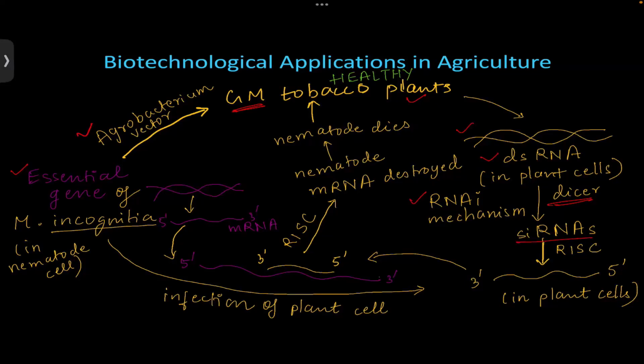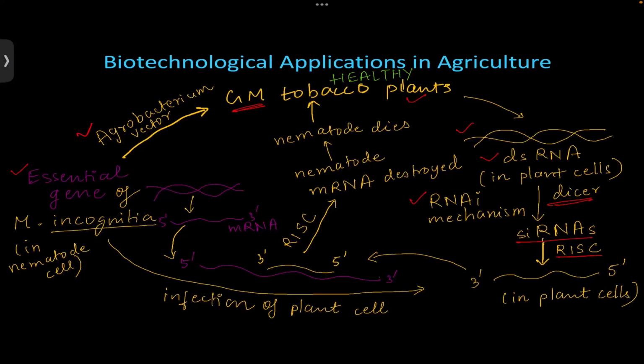Now, each of the siRNAs will then be unwound and separated by the enzyme of the RISC complex, RISC or RNA-induced silencing complex. Because of which, ultimately, you will have only the antisense strand available inside the plant cell, because the sense strand will be destroyed by the RISC.